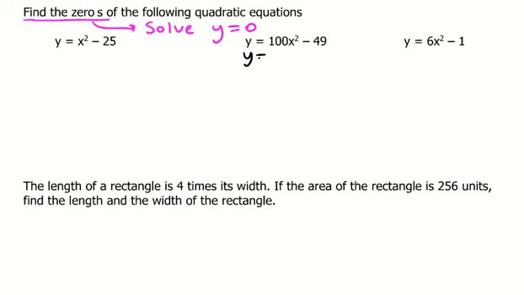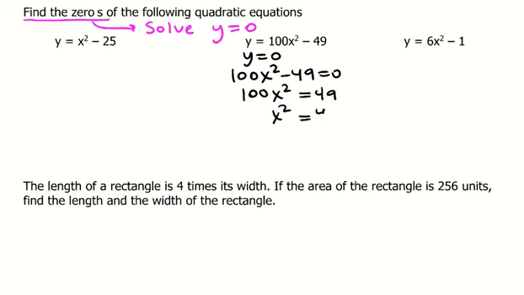So I'm going to say y equals 0, which is 100x squared minus 49 equals 0. 100x squared equals 49, and x squared is 49 over 100. Okay.